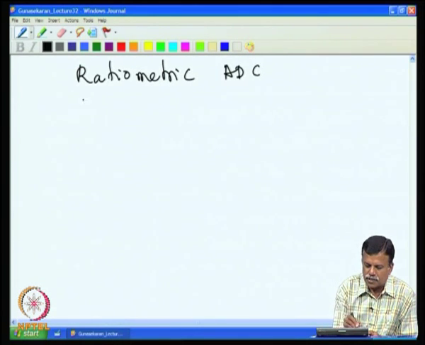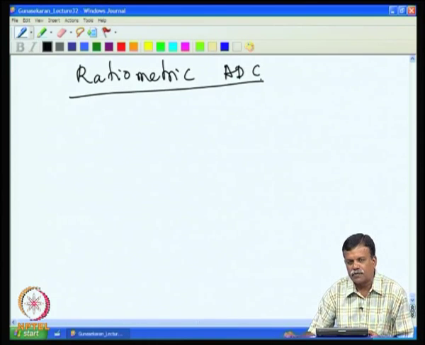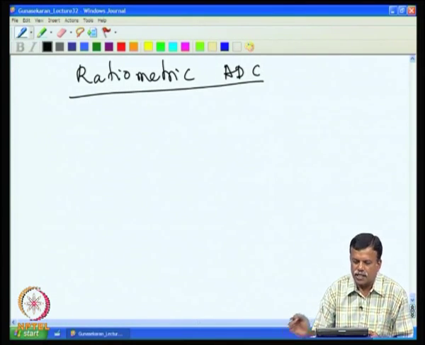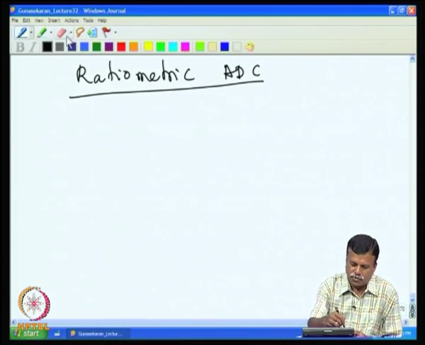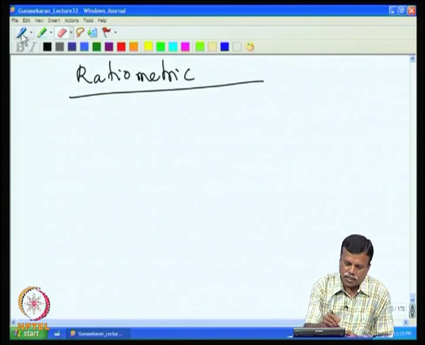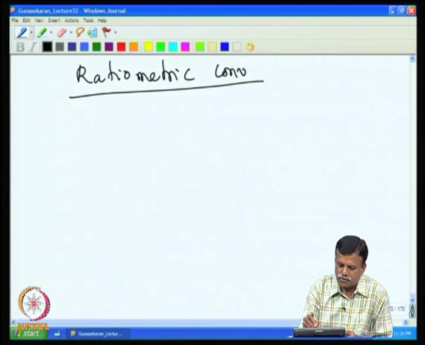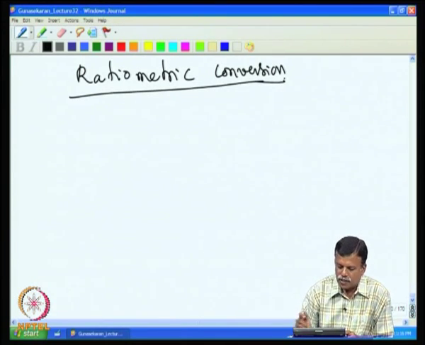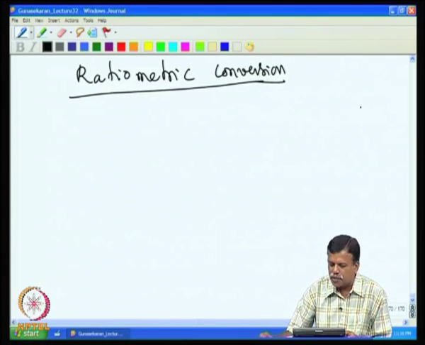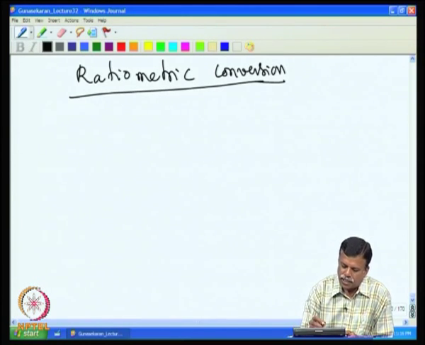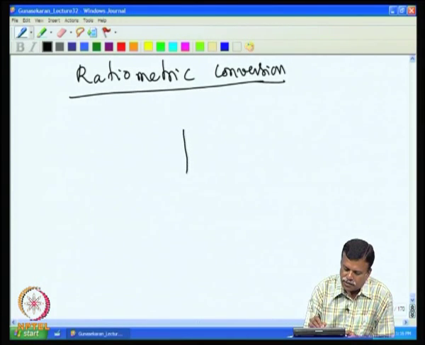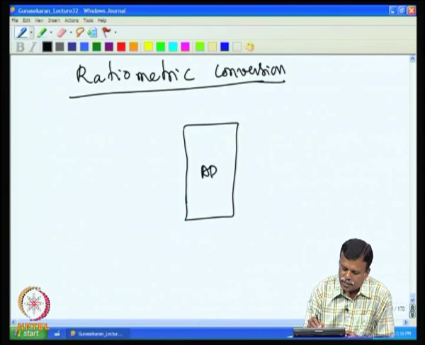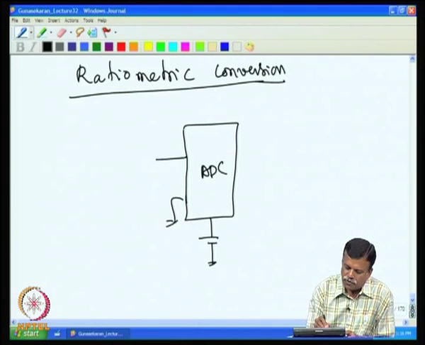So, let us see what ratiometric conversion is. Actually, there is no separate ratiometric ADC. I will not call this a ratiometric ADC, I call it ratiometric conversion. This is only how to utilize the converter. Let us take an ADC, where we have a reference voltage and then we have a V input.